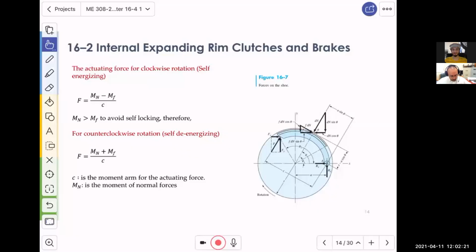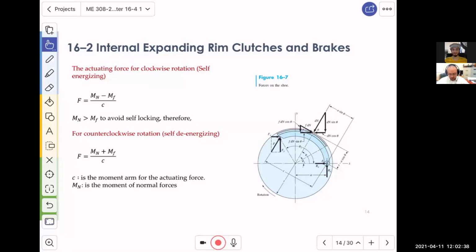So to remind you about what we said last class, we basically discussed the mechanics of internal expanding rim clutch and brakes.